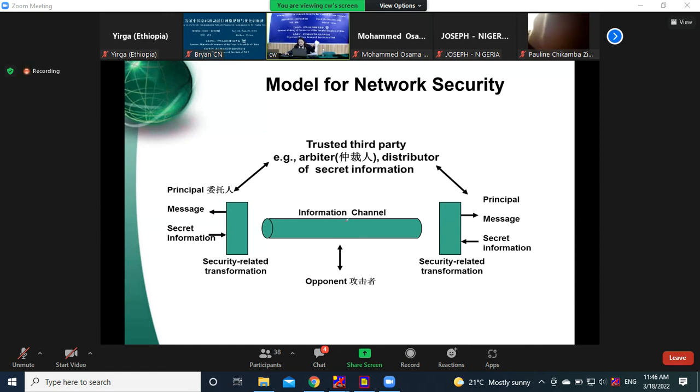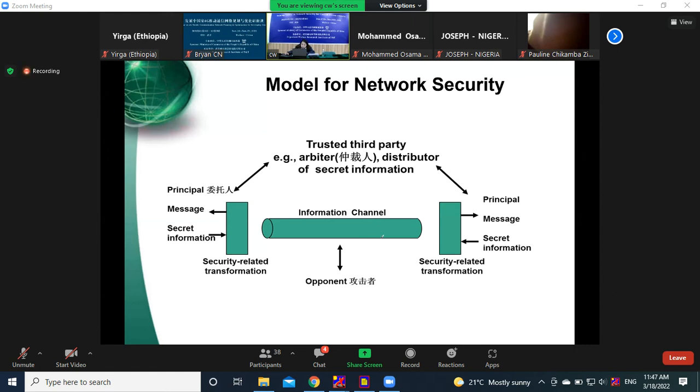So sometimes, let's say, these are very normal models. If we want to use these models, it requires us to first design a suitable algorithm for the security transformation.